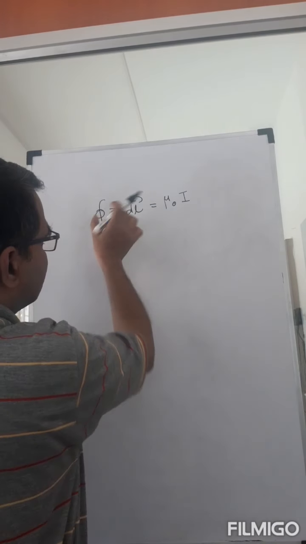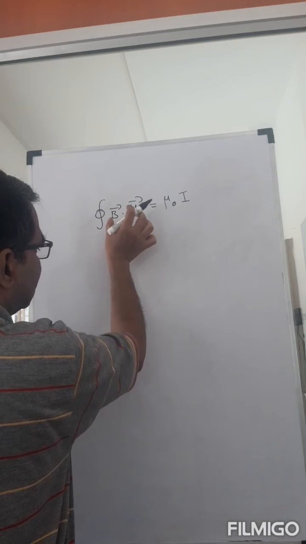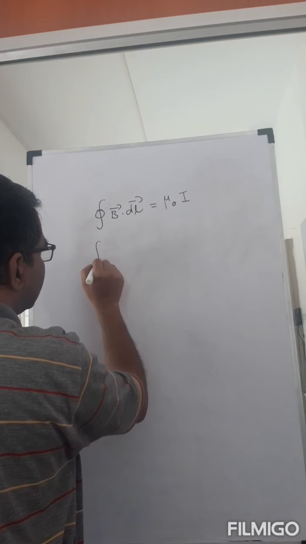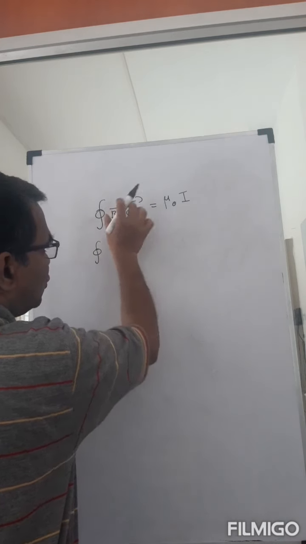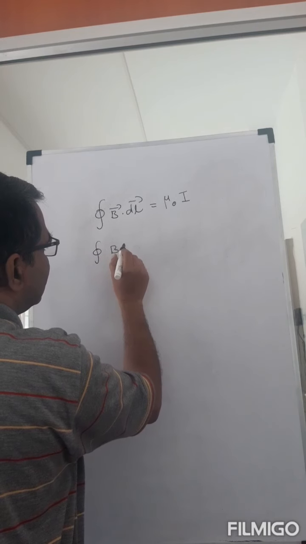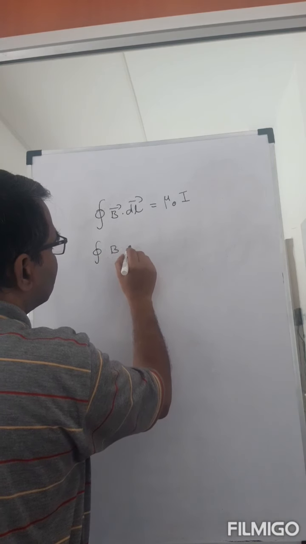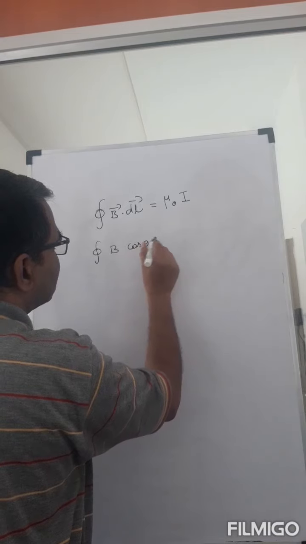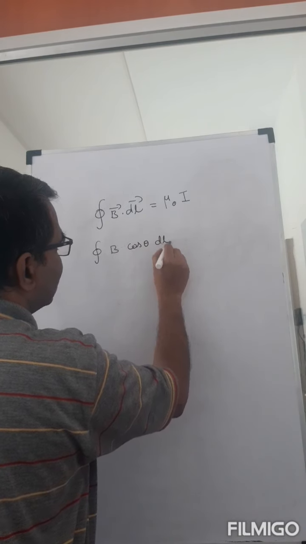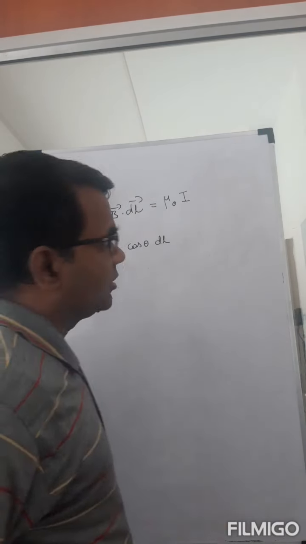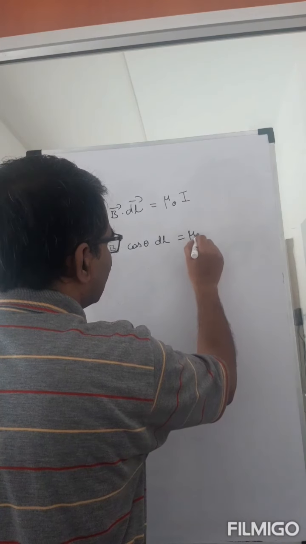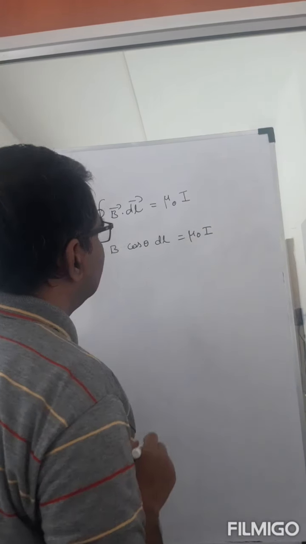Let me focus on this integral now. I can remove the vectors. In that case, it will become B cos theta dl. So B dl cos theta is equal to mu naught I.